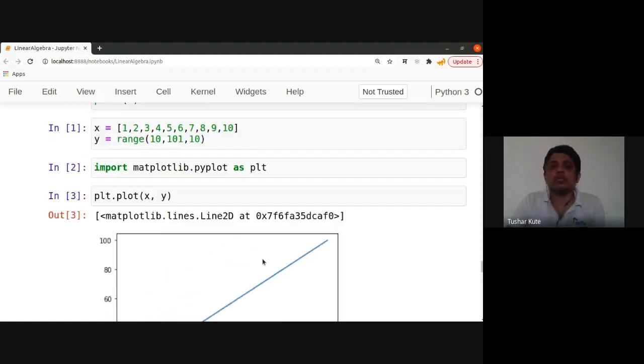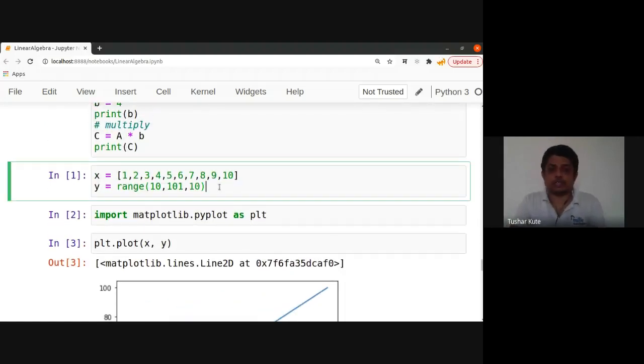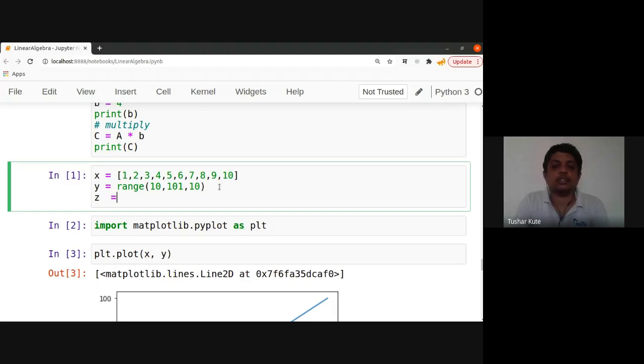Fine. Now, what if I do something like this? z is equal to every number multiplied by itself, for num in y, num raised to 2.